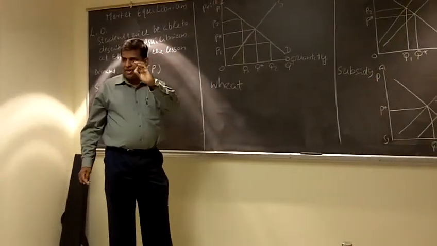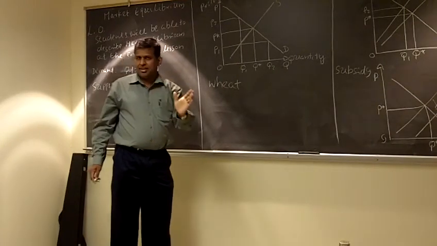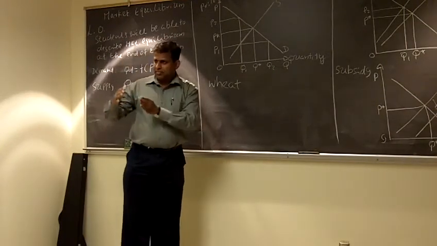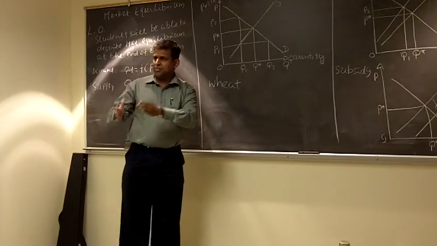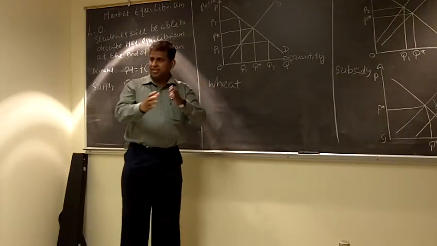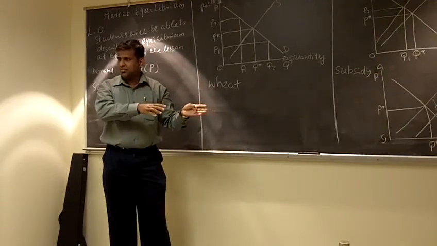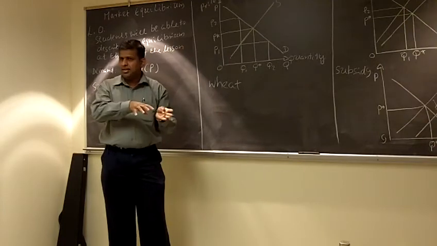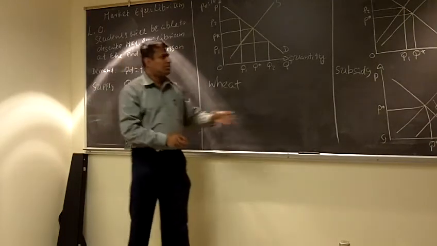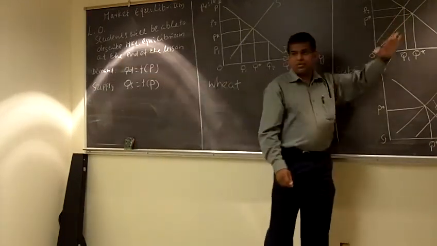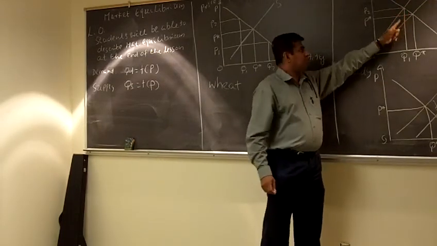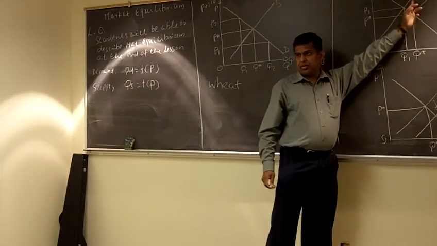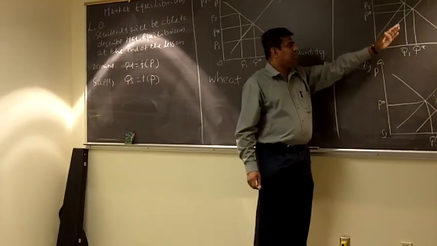So when the government imposes taxes, what happens? Farmers' profit margin goes down because farmers have to pay a certain amount of money to the government out of their income, total revenue. So it leads to a reduction in supply. There is a leftward shift of the supply curve.